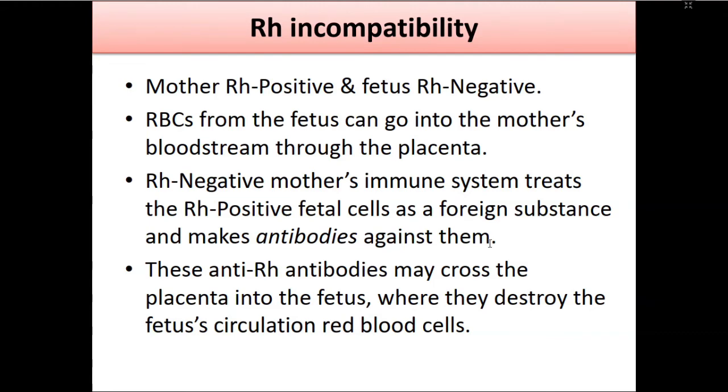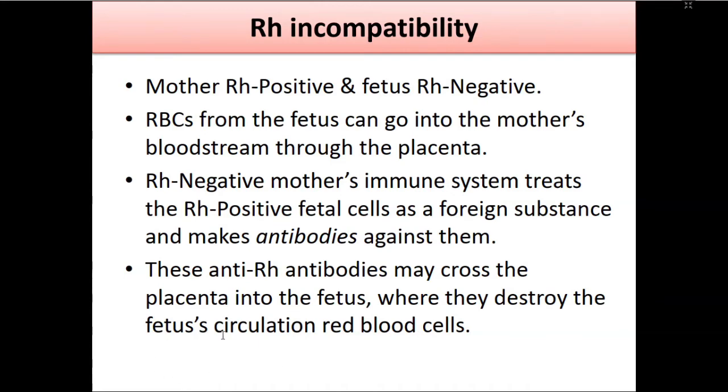These anti-Rh antibodies may cross the placenta into the fetus. They develop inside the mother when her blood is exposed to a foreign substance such as the fetus's Rh positive blood cells. They can cross the placenta to the fetus, where they destroy the fetus's circulating red blood cells. Therefore, it is called hemolytic disease of the newborn.